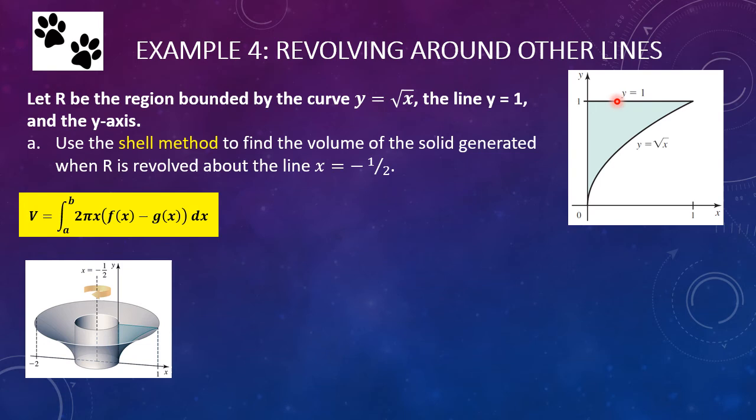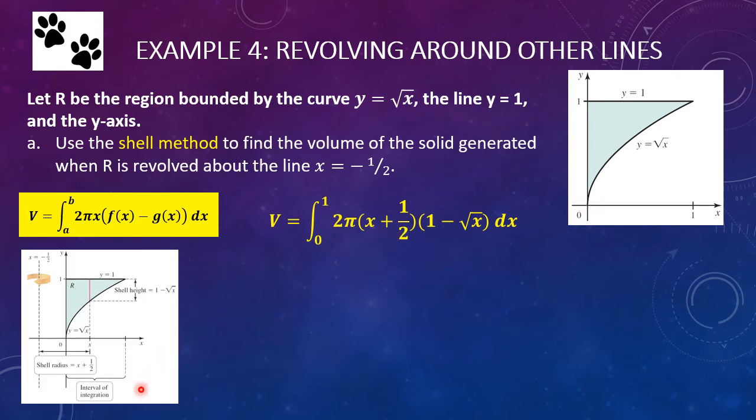because, for example, if we're doing this specific shell where our x value is somewhere along here, then the radius equals x plus the 1/2. It'll be easier to see. So here we get 2 pi. The radius is whatever our x we're using at that point, plus 1/2, because we have to go another unit of 1/2. I think it's easier to see here.